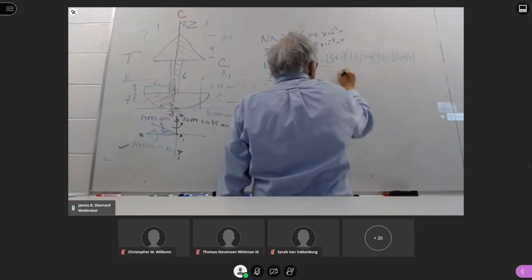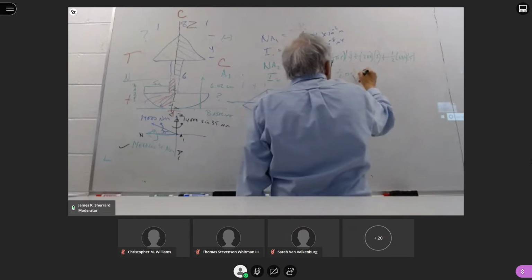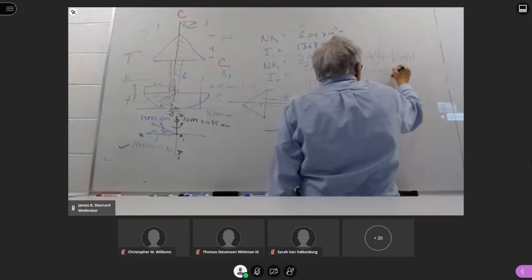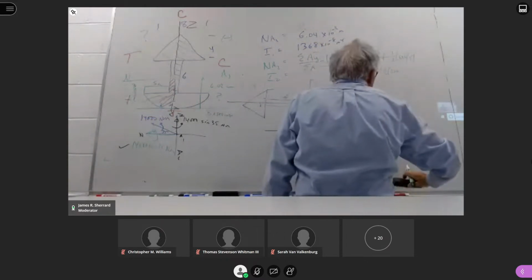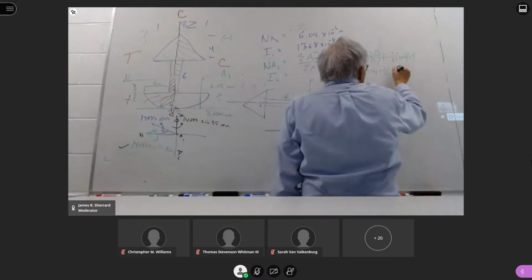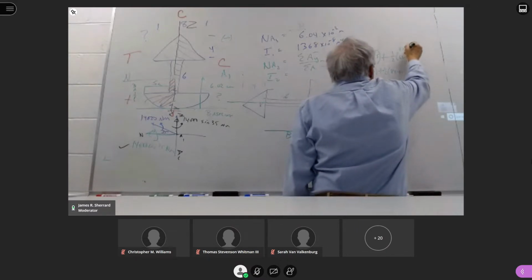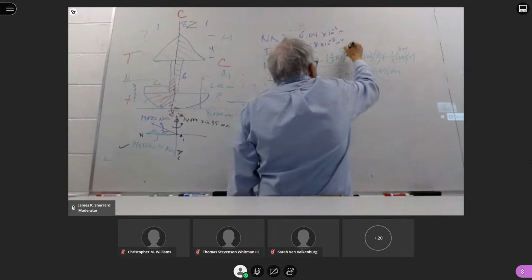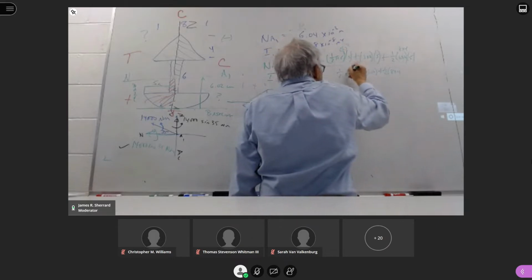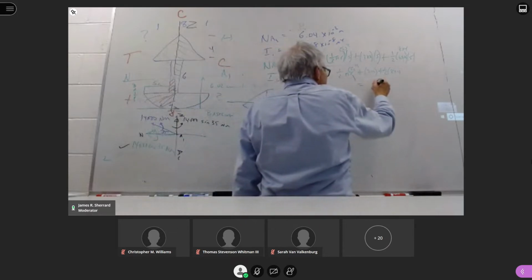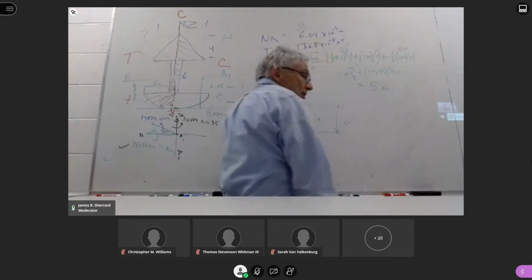Divided by the area, which is 1/2 pi r squared plus 2 times 6 plus 1/2 the base times height, which is 8 times 4, might as well throw these numbers in here. And lo and behold, when you do this math, this comes out to be exactly 5 centimeters.